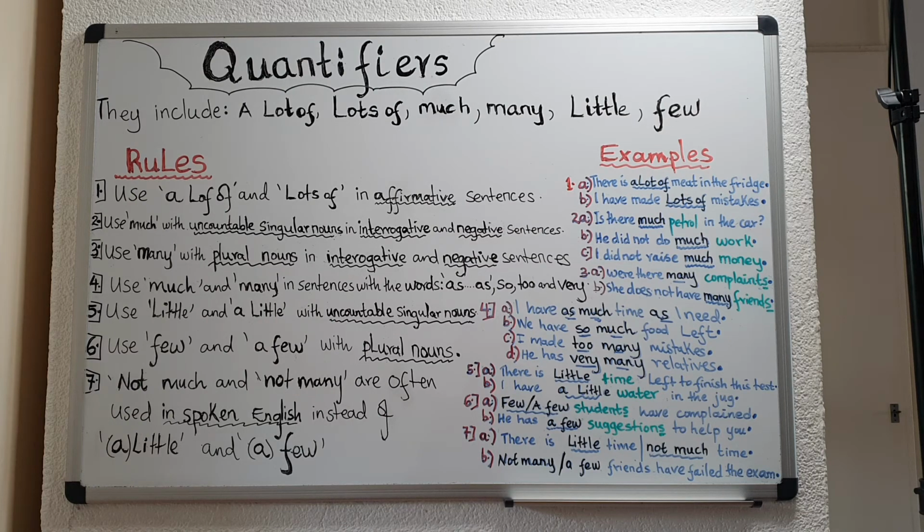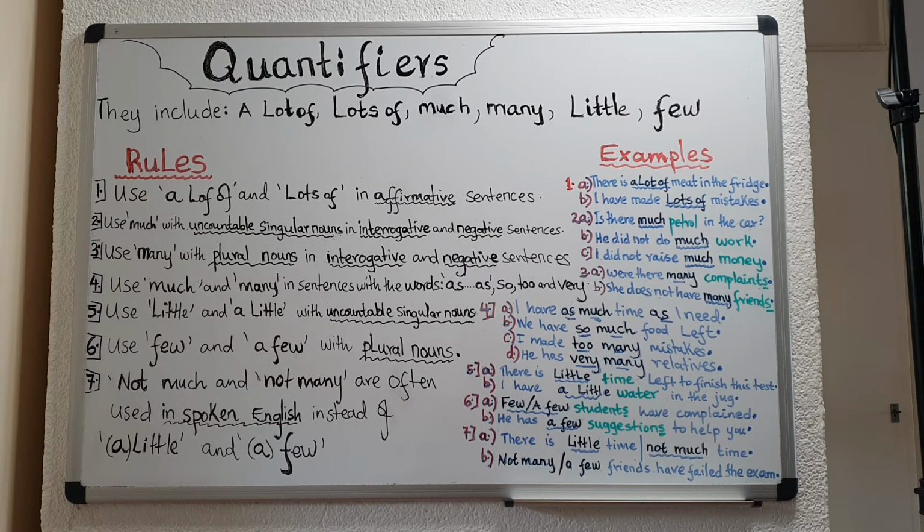I have as much time as I need. Now, in that case, we have used much because we have the word as. Okay? B, we have so much food left. In that sentence, we have the word so. So we are using much.